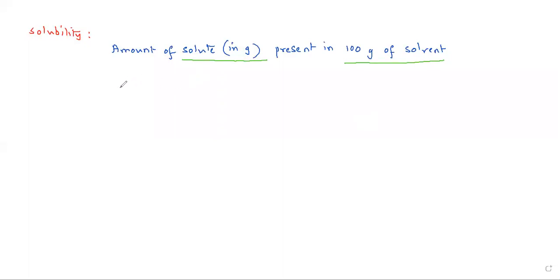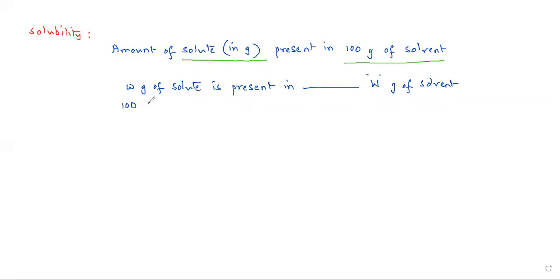Now, see if small w gram of solute is present in, say, capital W gram of solvent, right? Small w refers to the weight of the solute. Capital W, the weight of the solvent.